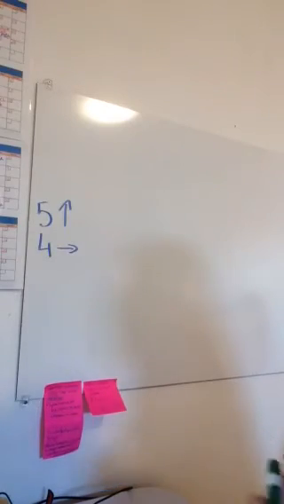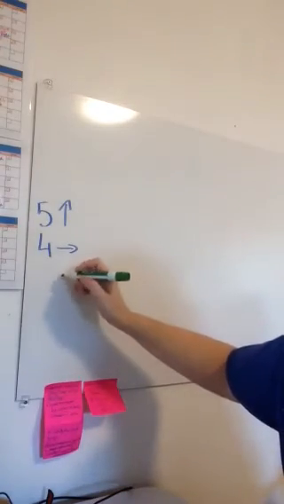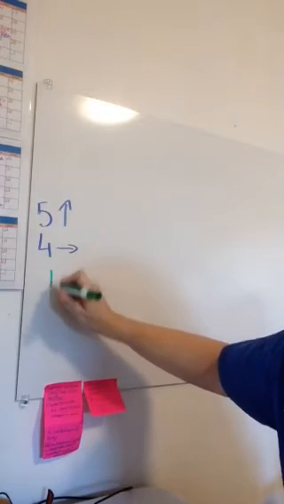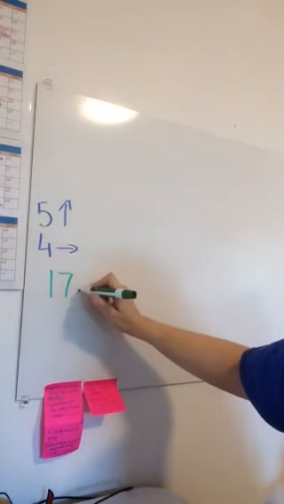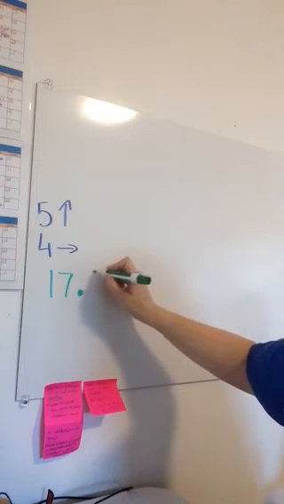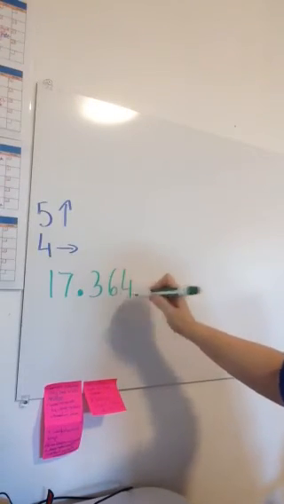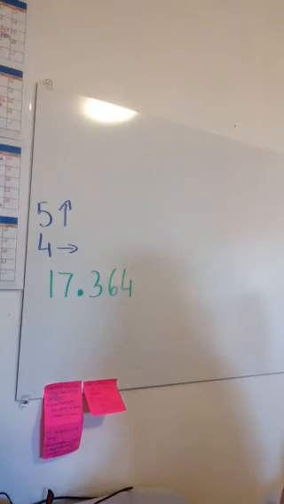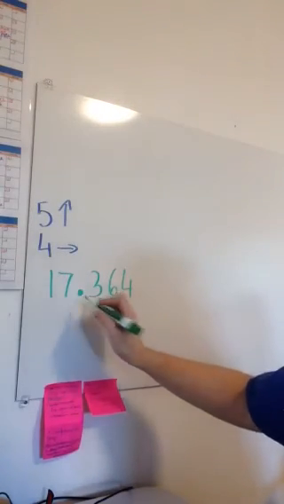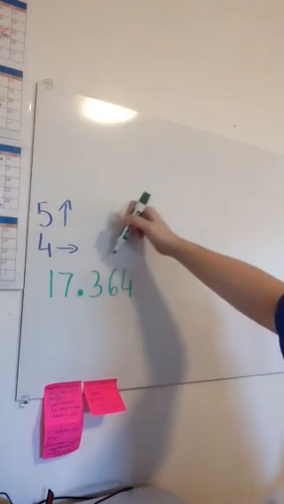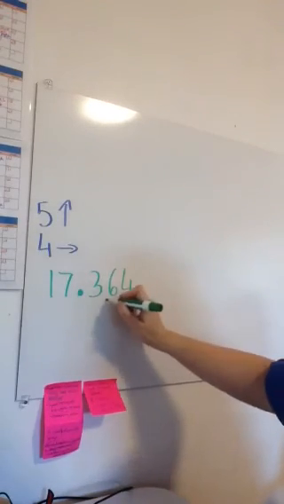Now I'm going to give you a little challenge. Let's do 17 and 364 thousandths. Now I want you to round to the hundredths place. Here goes your decimal point, tenths, hundredths.